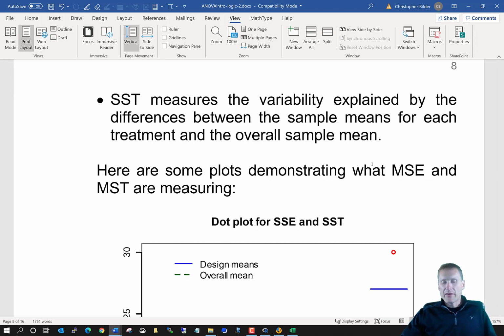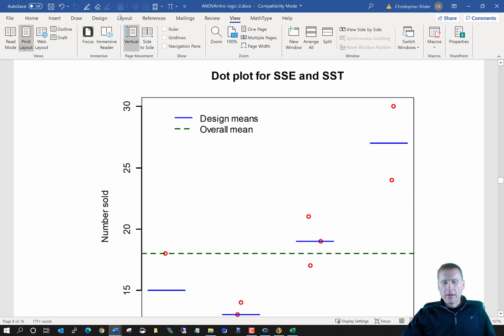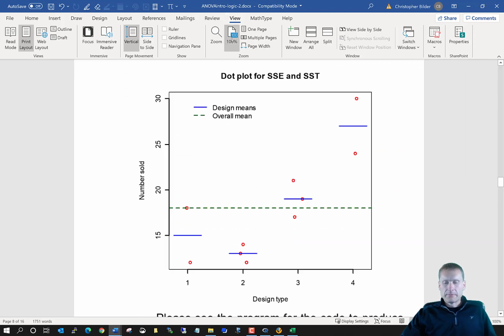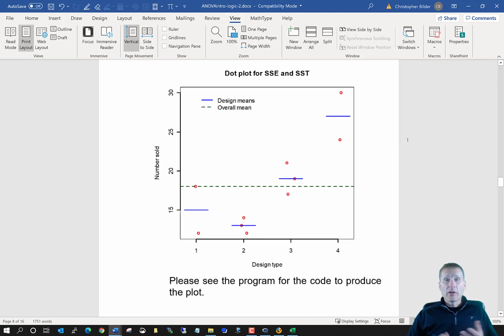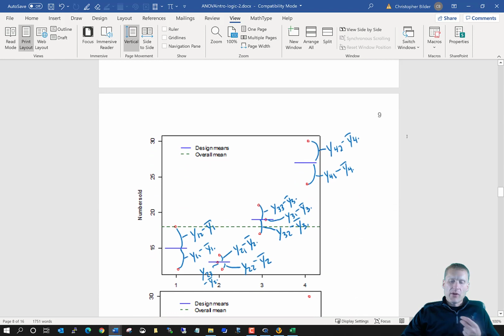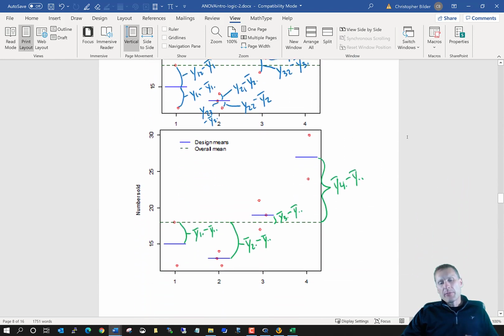So here are some plots to help demonstrate what's going on. Let me make this smaller now. So here's our exact dot plot that we had before. But now I have plotted y bar dot dot. And here are all the design type means. So there's y bar sub 4 dot. Sometimes it's hard to say this stuff. And so I've tried to annotate these plots to help you see what's going on.